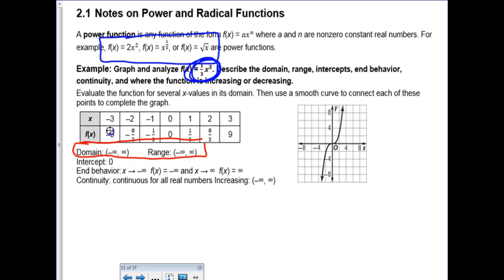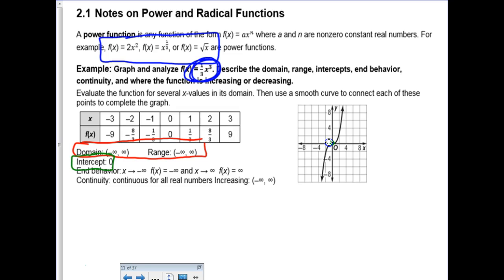Now this is where I don't really like what they did here in your book. They said intercept 0. Well, that's a little vague for me, guys, because what intercept are they referring to? In this case, both, but they should have probably specified x-intercept and y-intercept. The problem is because it went through the origin, both the x-intercept and the y-intercept are at 0. So that's an acceptable answer.